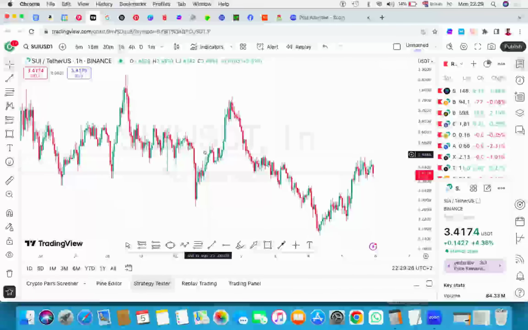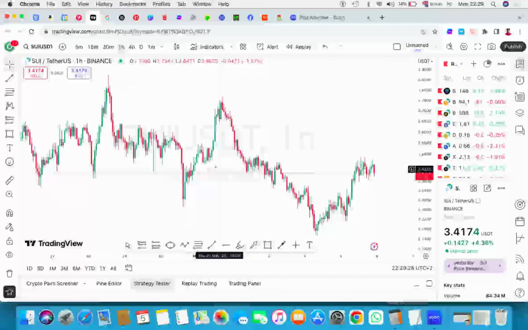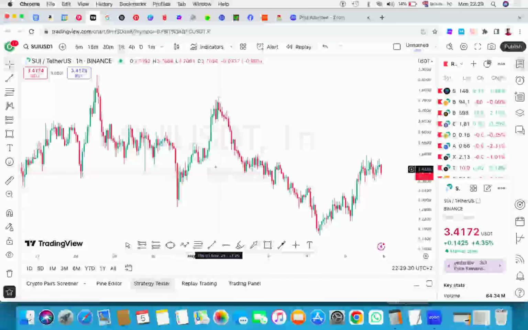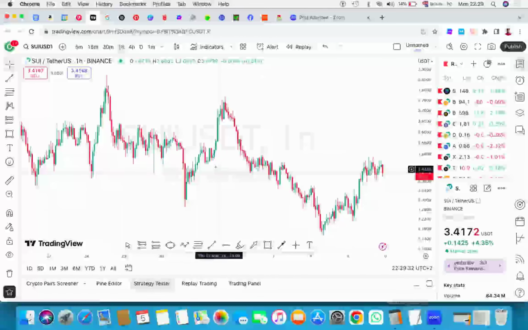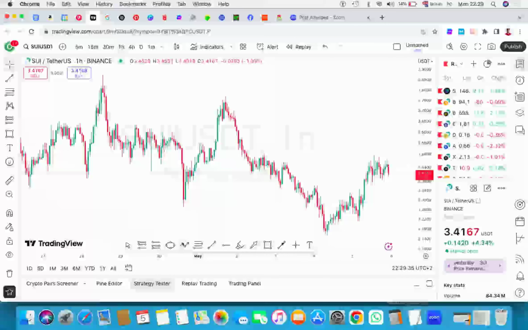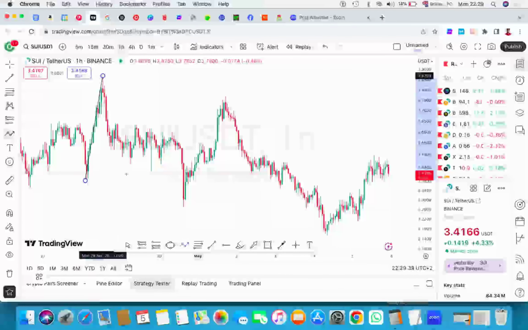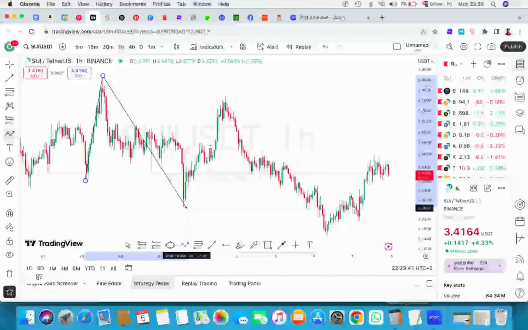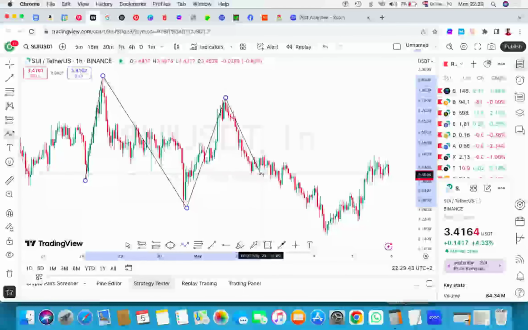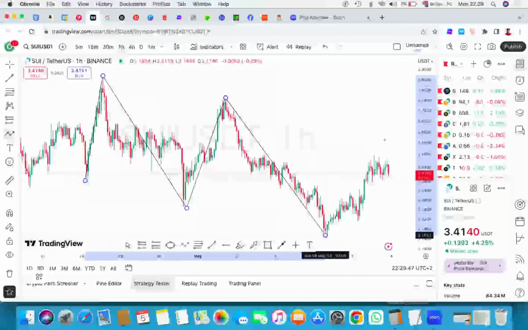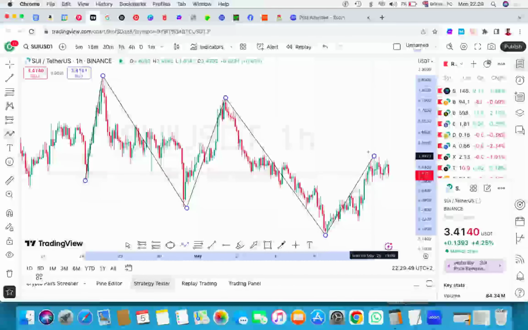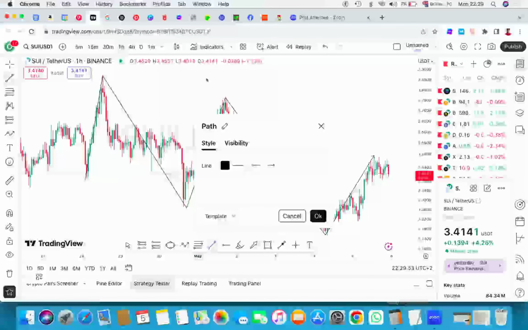The market is moving downward. Okay, quick one. We have this move here. We have consecutive breaks to the downside.